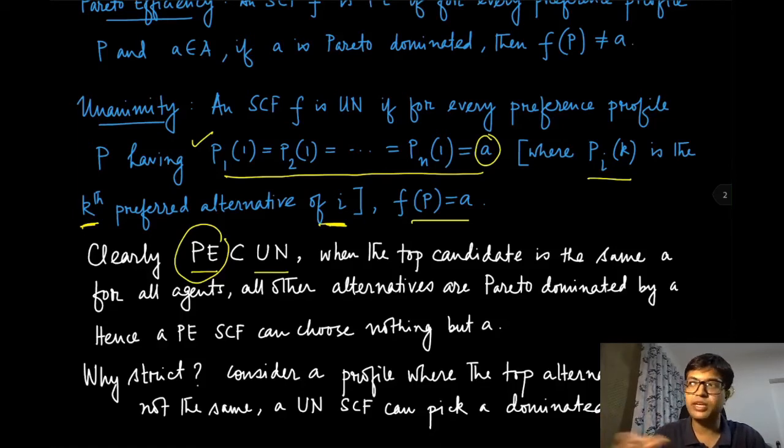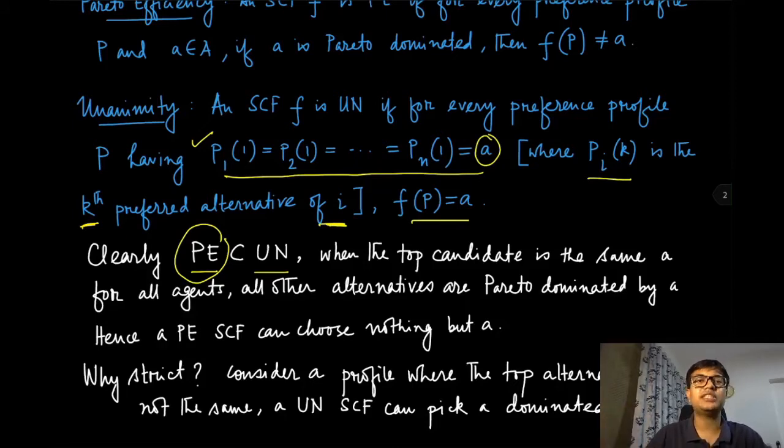That means it will never output an alternative which is Pareto dominated. Now because A is the topmost, A actually Pareto dominates all other alternatives. So you cannot really pick any of the other alternatives apart from A, because they are Pareto dominated by A. If you rule out all the possibilities, the final thing you are left with is A, and therefore f of P has to be equal to A because of the property of Pareto efficiency.